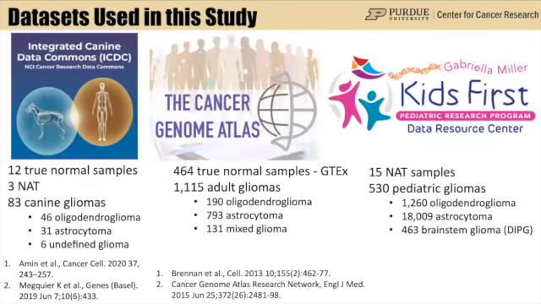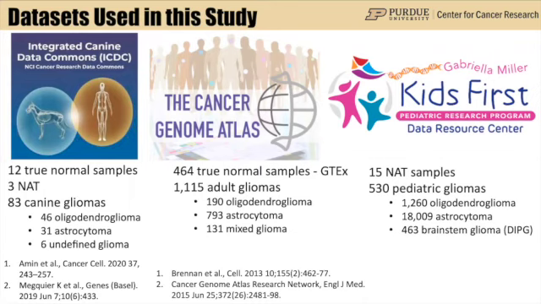Some of the data sets we used in the study are shown here. We have really enjoyed using the Seven Bridges ecosystem because it's been very easy to pull together these diverse data sets. The first data set is focused in canines.